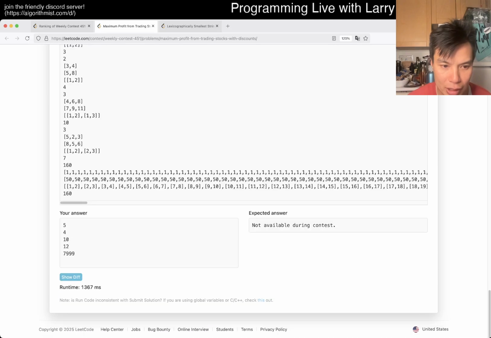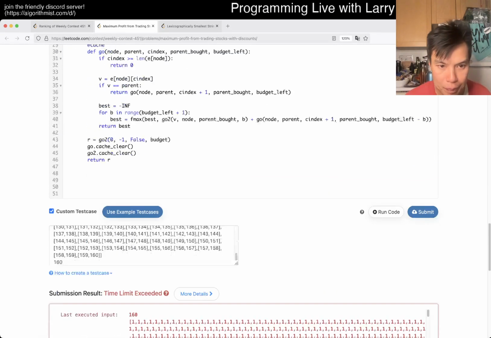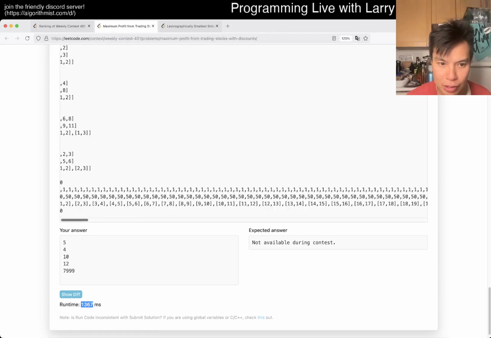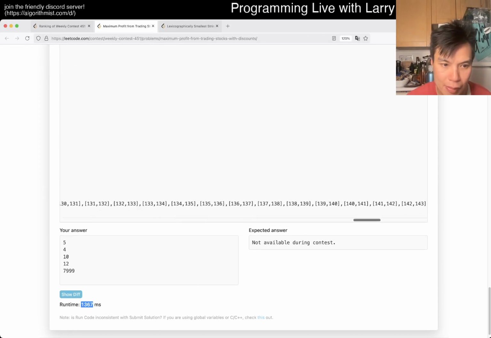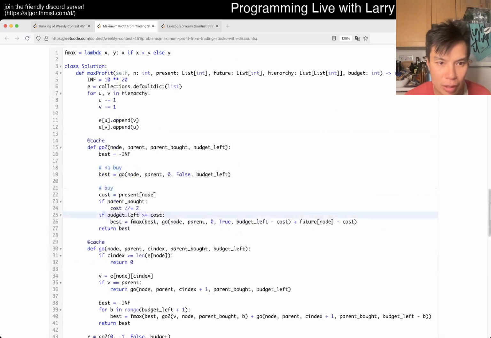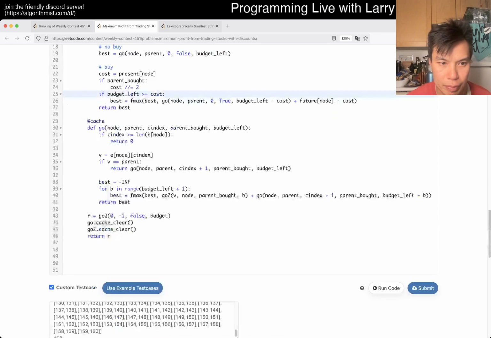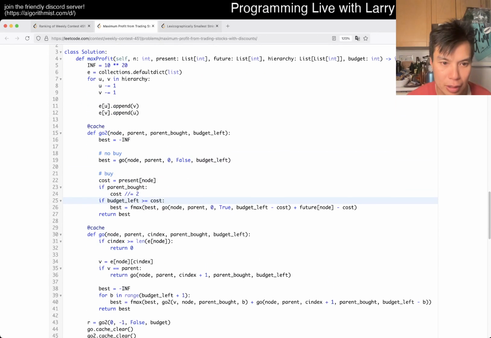This one takes 1 second, which is maybe fine. It's hard to tell. This seems like a max case, so if it doesn't work, I honestly will blame Leetcode on this one. It is what it is.